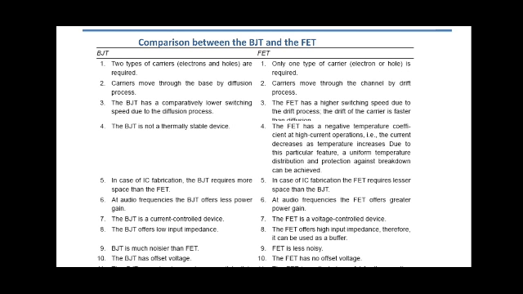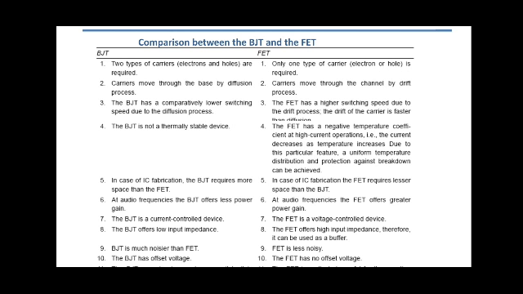So if you compare the BJT and FET based on thermal stability, your BJT is less thermally stable. There is more chance of damage when the temperature is increasing. The BJT has more chance of damage, whereas in field effect transistor there is less chance of damage.